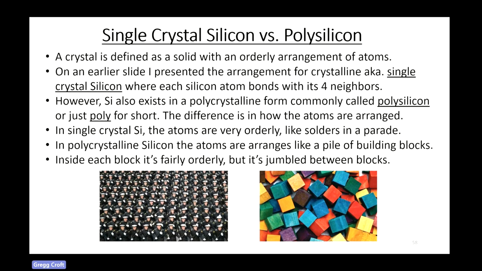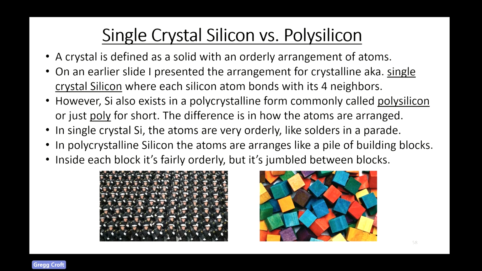Last topic I'm going to have time for today is, and I wish I could have time to talk about transistors, but not today, sorry. Single crystal versus polysilicon. So a crystal is defined as a solid with an orderly arrangement of atoms. And in an earlier slide, I presented an arrangement of crystalline silicon where each silicon atom bonded with 4 of its neighbors.